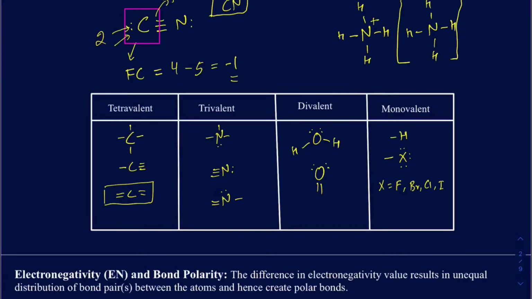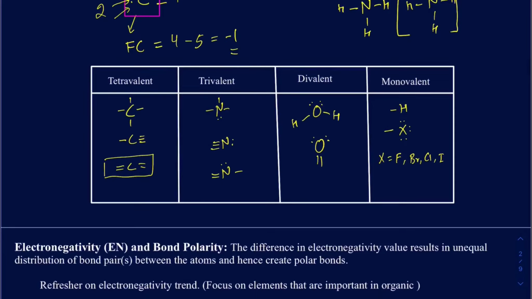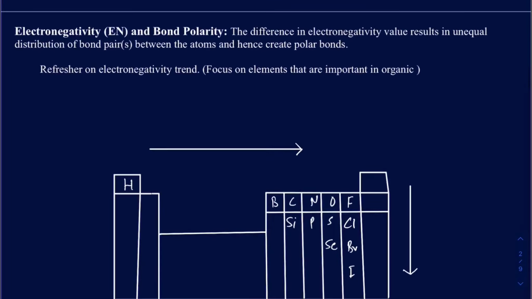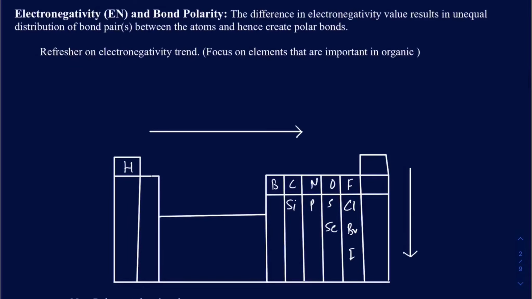Now, let's talk about electronegativity and bond polarity. Just as a refresher, how does electronegativity behave in the periodic table? So remember, your electronegativity increases when you go from left to right in the periodic table, but when you go down the periodic table, your electronegativity decreases.